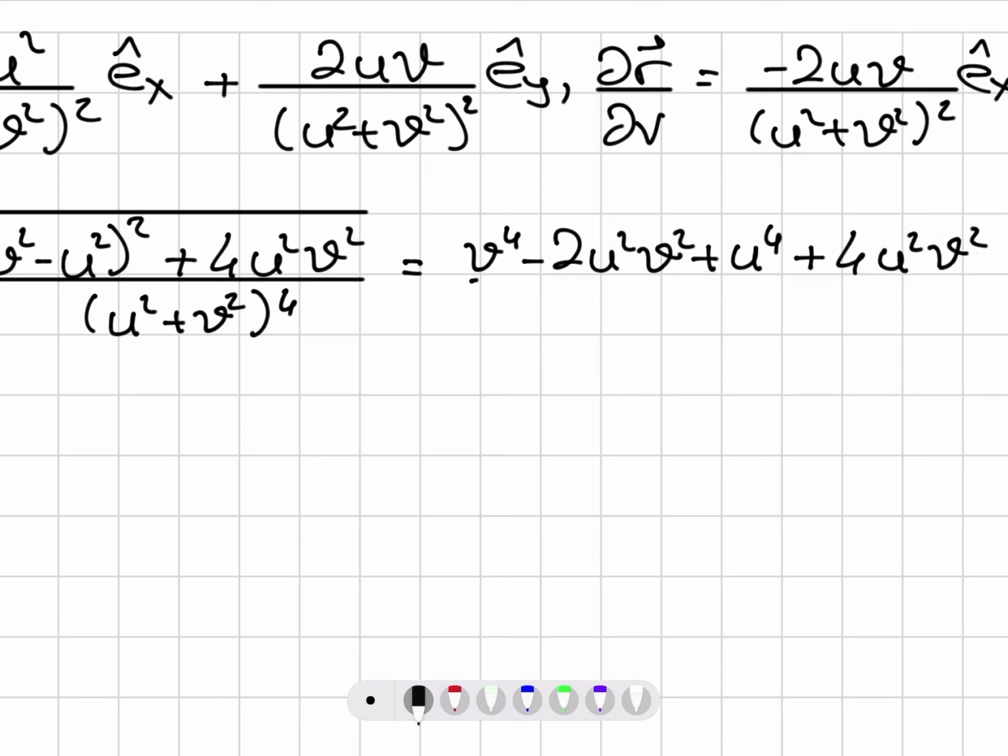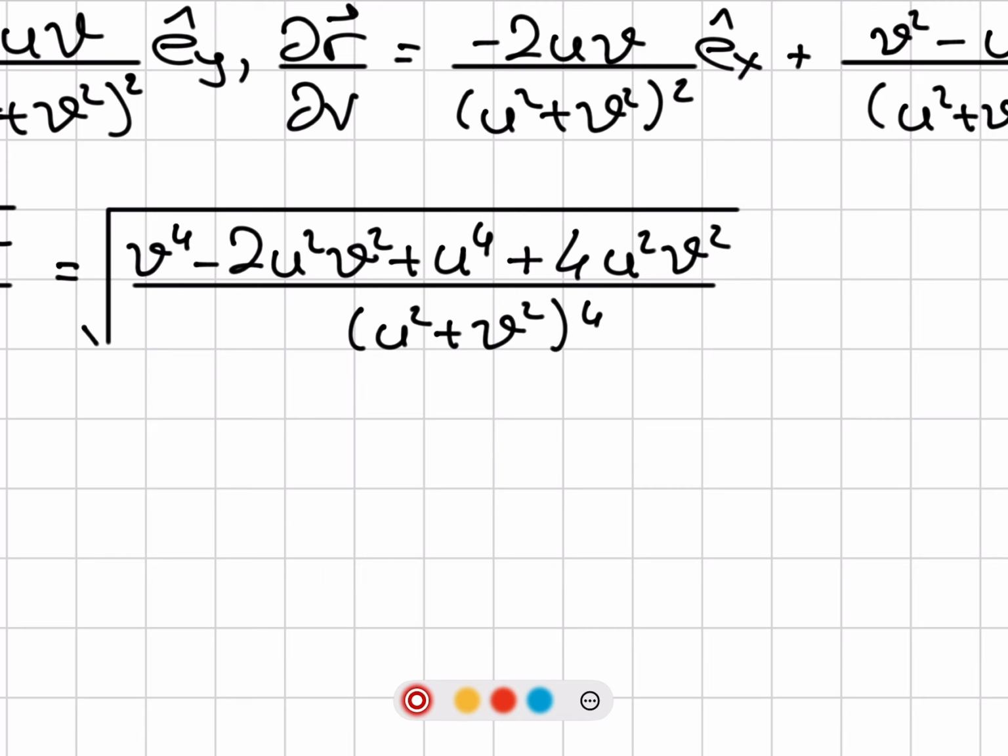Okay, and now I see that I have a 4u square v square and a minus 2u square v square, so this will be 2u square v square. So if it's u to the fourth power plus 2u square v square plus v to the fourth power, that would be (u square plus v square) squared.